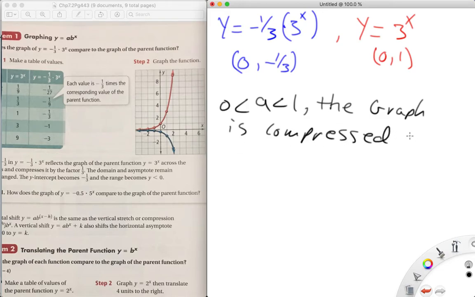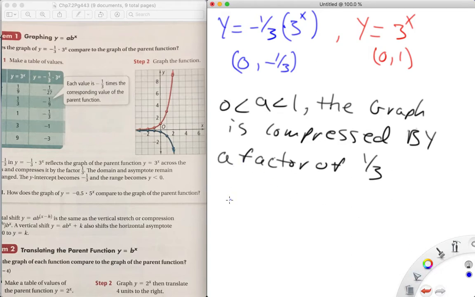And it's compressed by a factor of, in this case, 1/3.